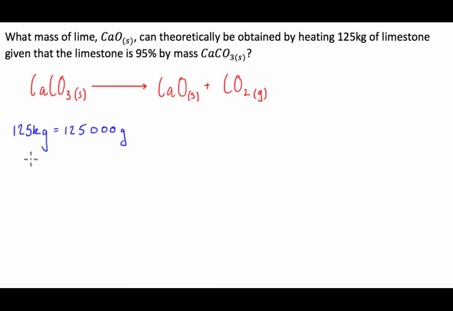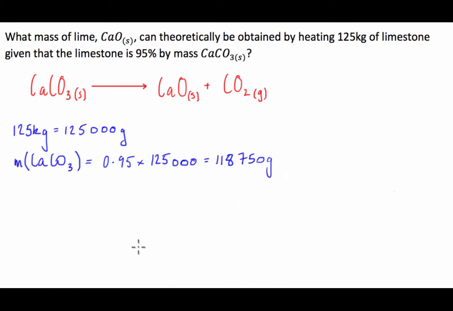If it's 95% by mass, the mass of calcium carbonate is going to equal 0.95 times 125,000, which ends up being 118,750 grams.